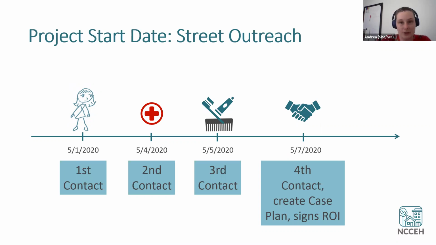So when we're thinking about street outreach, let's do a little poll here. All right, so there's two questions that I'm going to launch in this poll. One is, what is the correct date for project start? So let's see, out of these four different options, is it the first contact, the second contact, third contact, or fourth?